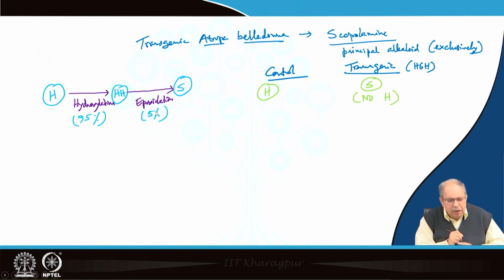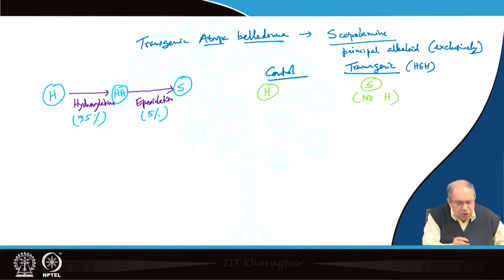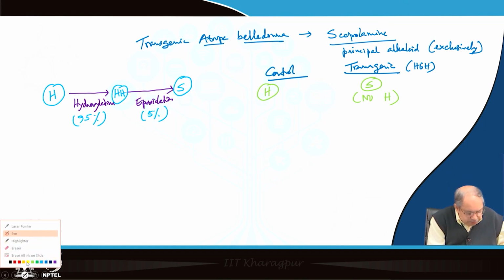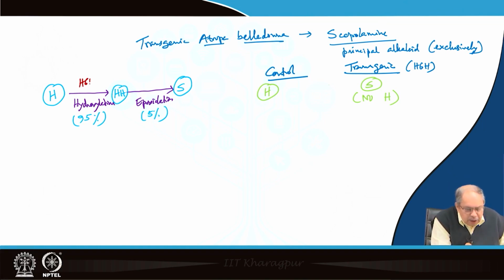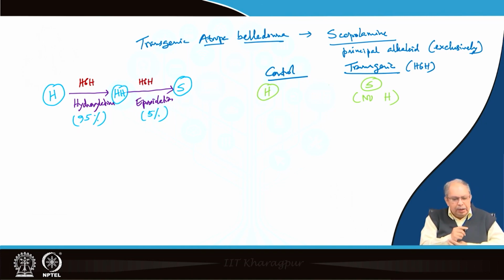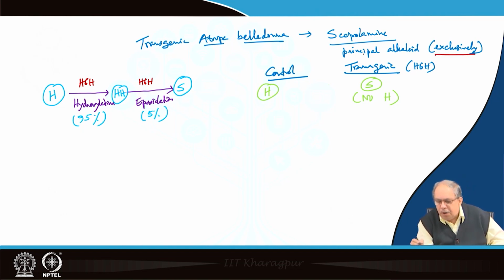Now, the question is: what is the role of epoxidation here? H6H is non-existent in Atropa belladonna, you have transferred the gene. H6H successfully converted hyoscyamine to 6-beta-hydroxyhyoscyamine and then to scopolamine. Is 5% epoxidation efficient enough to convert the huge amount of hydroxyhyoscyamine to scopolamine, given that scopolamine is almost the exclusive alkaloid?